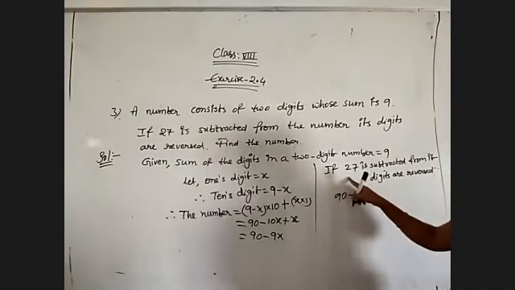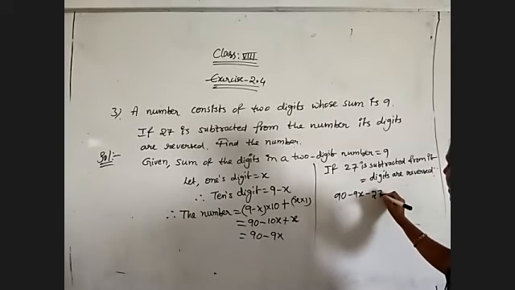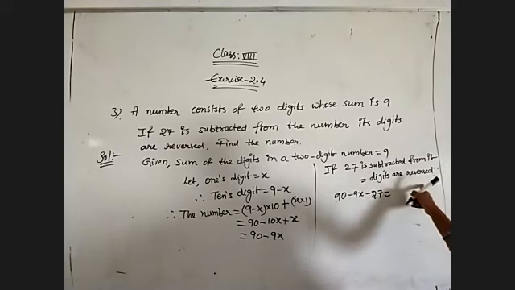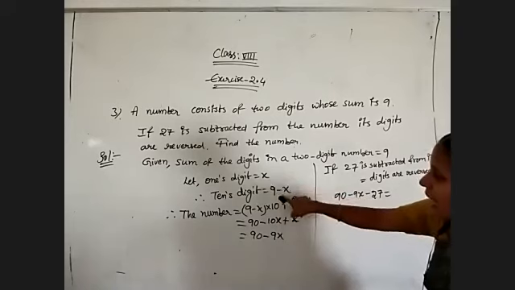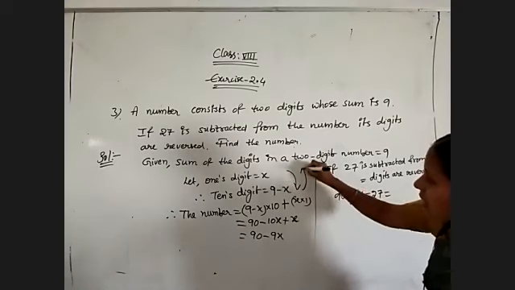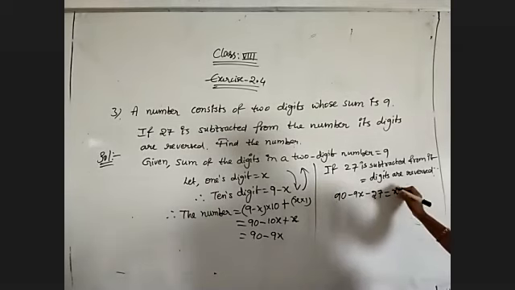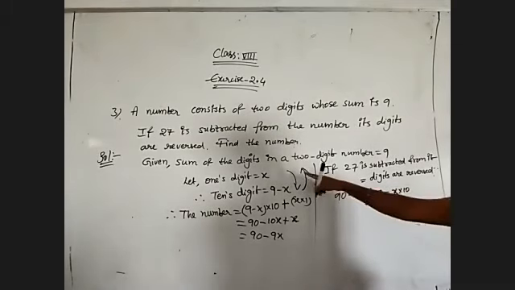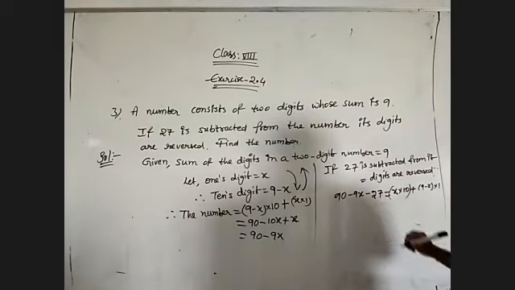So the number is 90 minus 9x. From that, 27 is subtracted, that is minus 27, is equal to the number with digits reversed. That means the tens digit will become x and the units digit will become 9 minus x. This digit will come here, this digit will come here. Then the expanded form is x into 10, x will come in the tens place, plus 9 minus x comes in the units place.